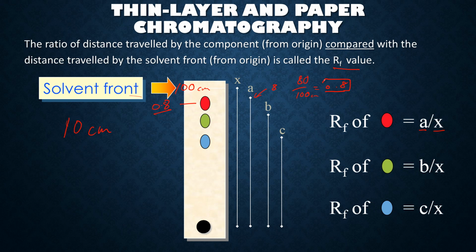So you can have different distances travelled for a chromatogram, but the RF factor should be the same considering the conditions are the same.